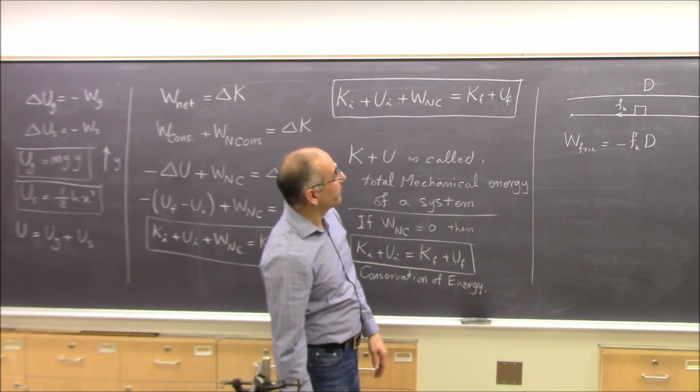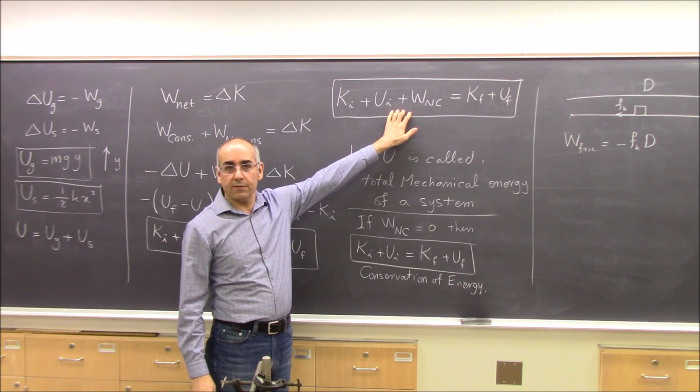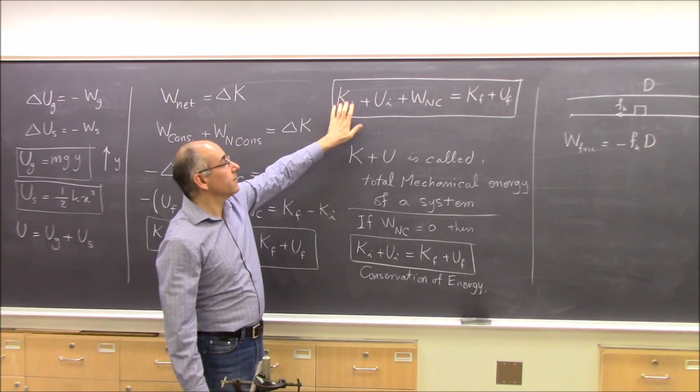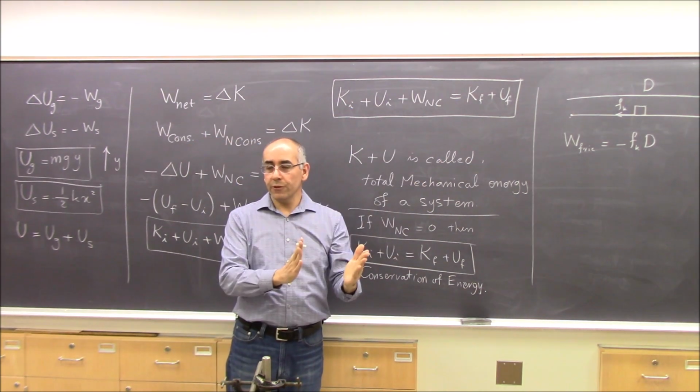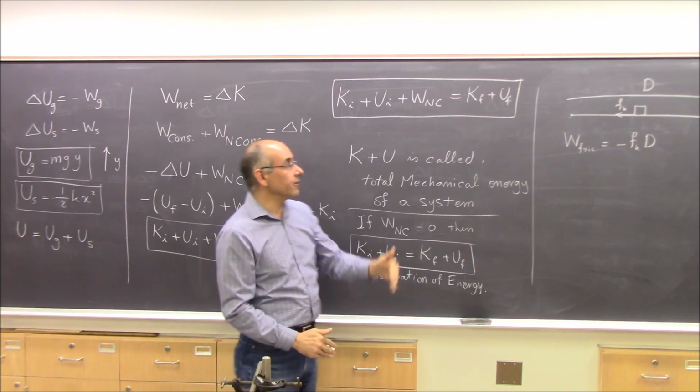All right? So this is our main equation in this chapter. This solves every problem. You just need to use an initial and a final. So you need to draw two pictures, one with the initial situation, one with the final situation.